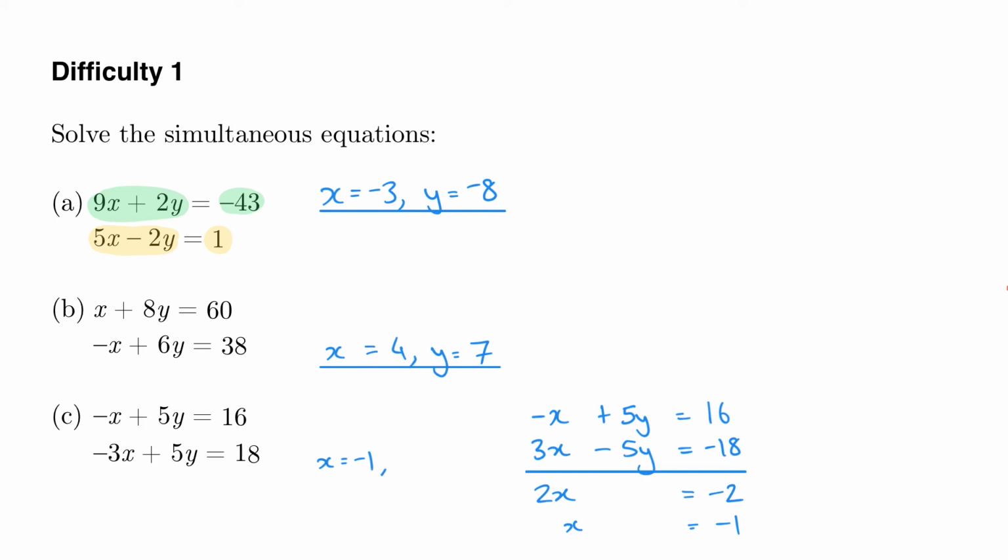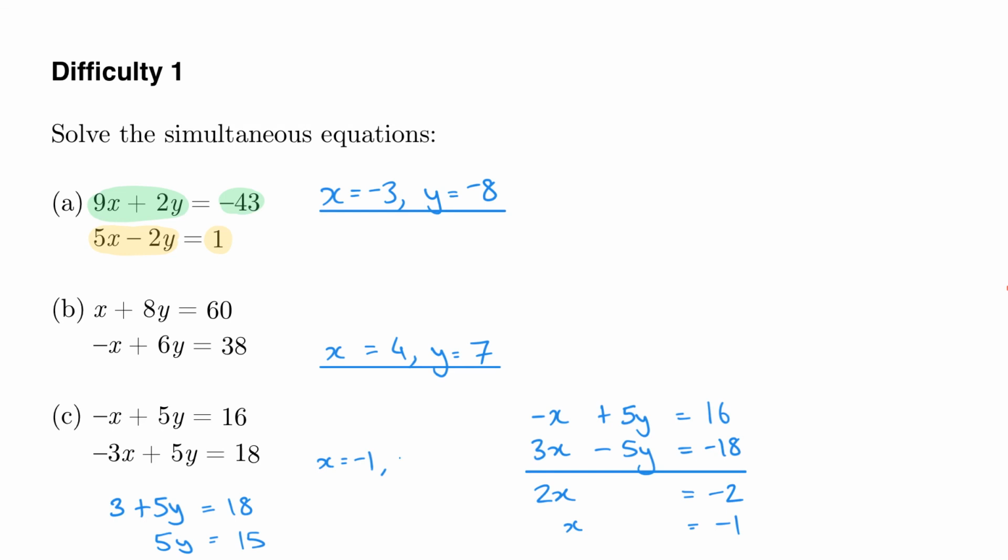Again, it doesn't really matter whether I go for the first or the second, I'm just choosing the second. -3 lots of x, so that's -3 lots of -1, that's positive 3, plus 5y, that equals 18. Subtracting 3 from both sides, we get 5y equals 15, and that means we get y equals 3 because we can divide the left-hand side and the right-hand side by 5.